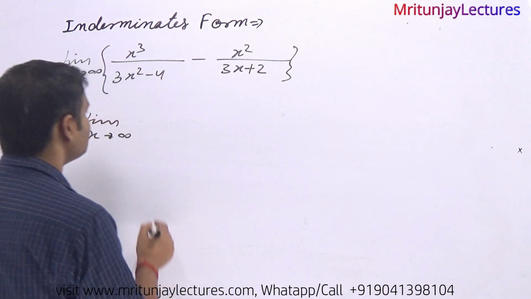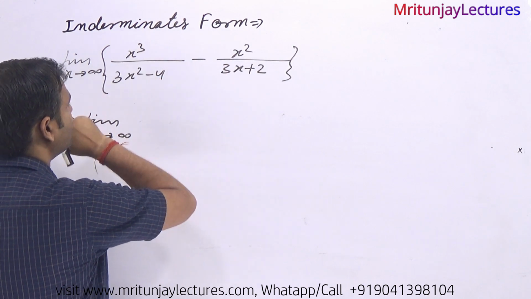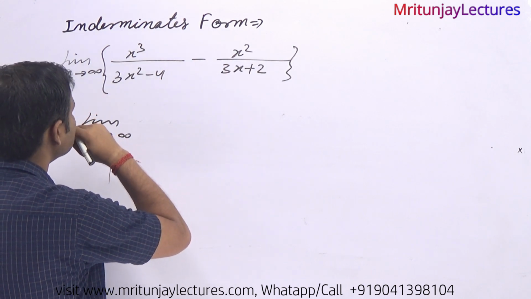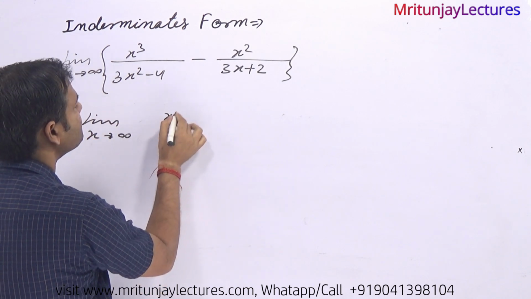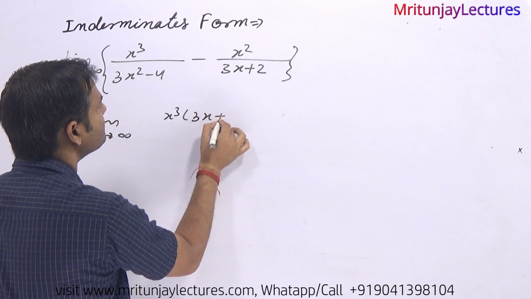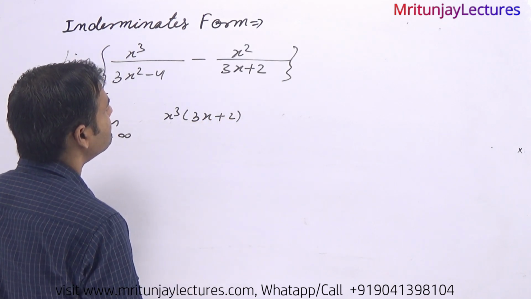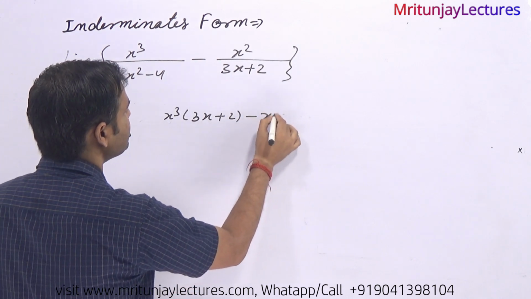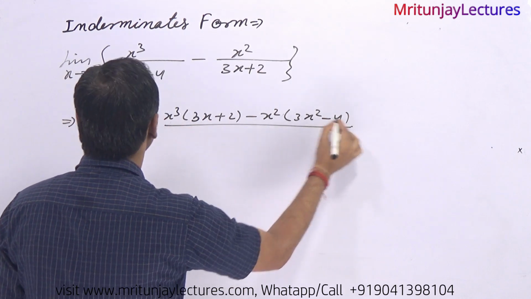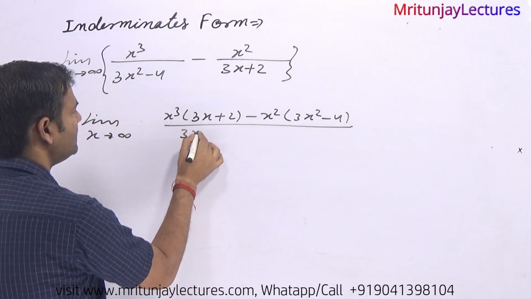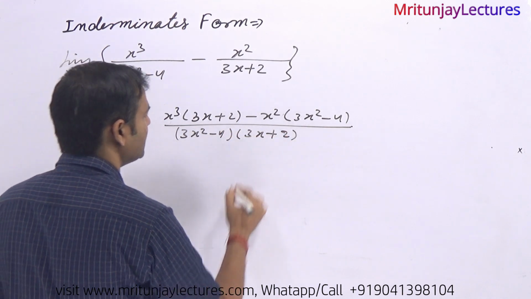First of all, take the LCM. Minus x square into 3x square minus 4 whole divided by 3x square minus 4 into 3x plus 2. Clear?